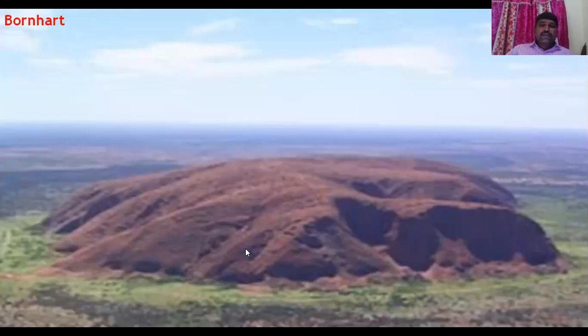These large rounded monoliths are thought to form by exfoliation followed by the removal of the neighboring weaker rocks. Probably the two most famous bornhardts are Half Dome in Yosemite Valley and Ayers Rock in Australia.